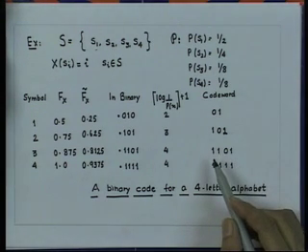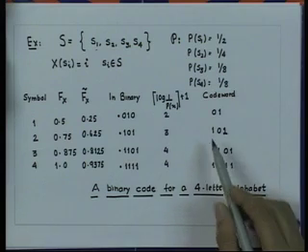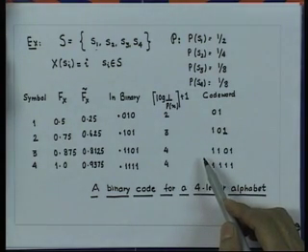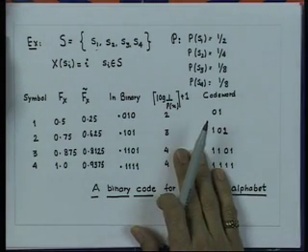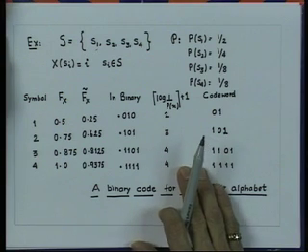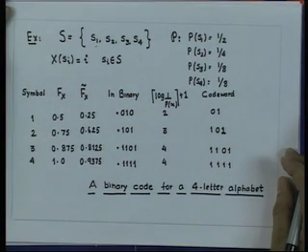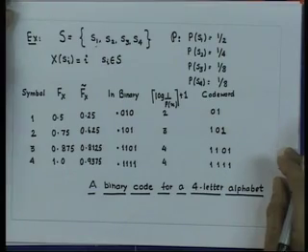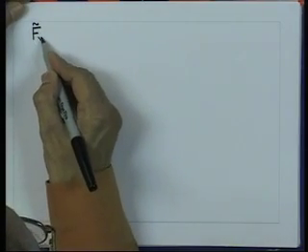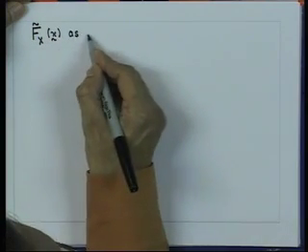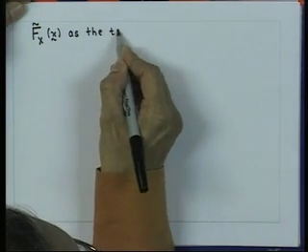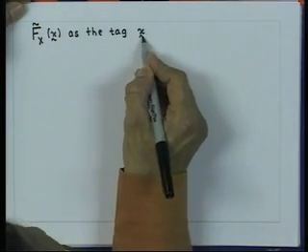Now, we will show that the code obtained in this fashion is a uniquely decodable code. We first show that this code is unique, and then we will show that it is uniquely decodable. Recall that we have been using F tilde x as the tag for a sequence x.